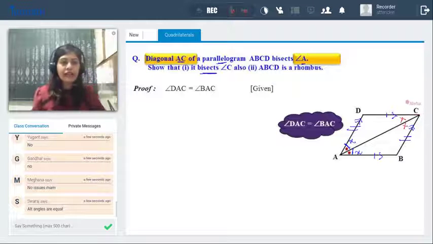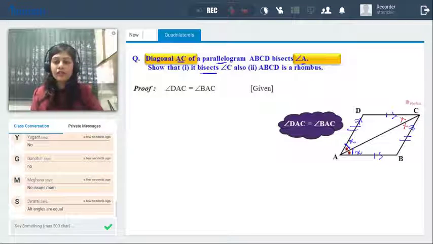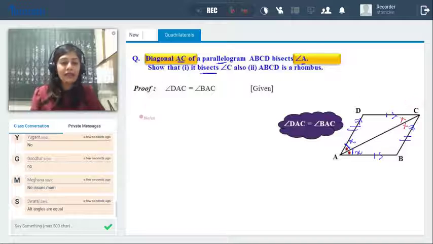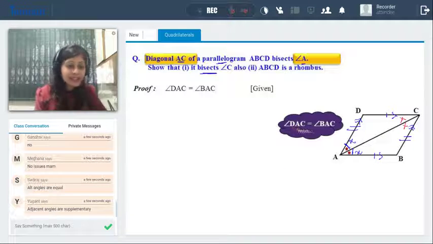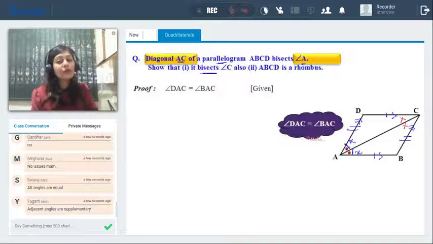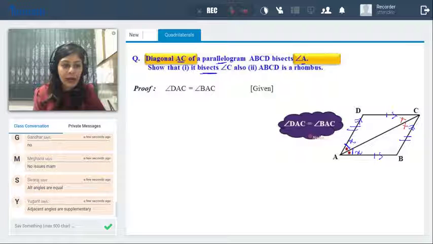No, Swaraj, that's not correct. What do we know about angles of a parallelogram? All angles are not equal. Adjacent angles are supplementary, that's correct. And what do we know about opposite angles of a parallelogram? That's perfectly correct, Yugan, thank you so much.